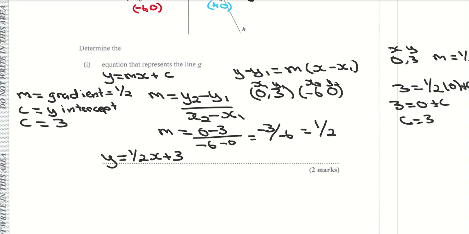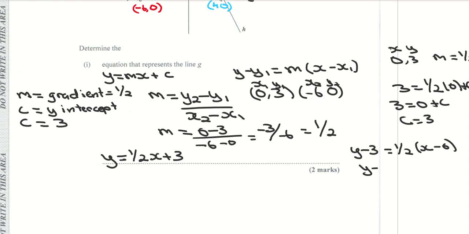Or that is if you're using this formula here, the equation of a line. However, if you want to use this one here, again, you still need your gradient. You'll have y minus y1, that is 3. That's the coordinate. The y1 and x1 is your coordinates, right? y minus 3 is equals to half by x minus 0.